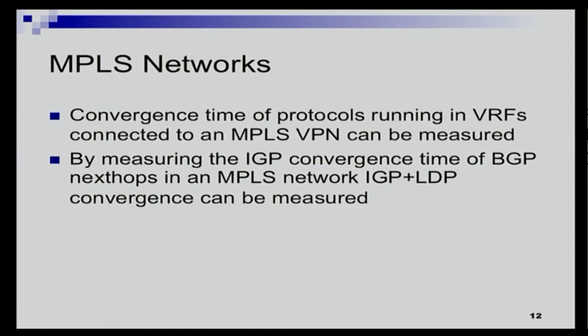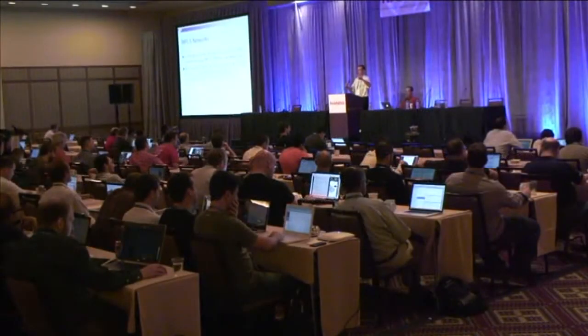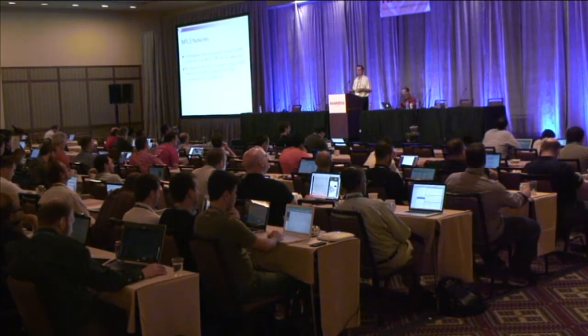And an interesting trick as well is you can announce a BGP route with a particular next hop, and then you launch a probe that uses the address of the BGP route, but you start playing with the convergence of the next hop. And that forces a convergence of a combination of your IGP plus LDP, so you can see how fast your LSPs are being set up.